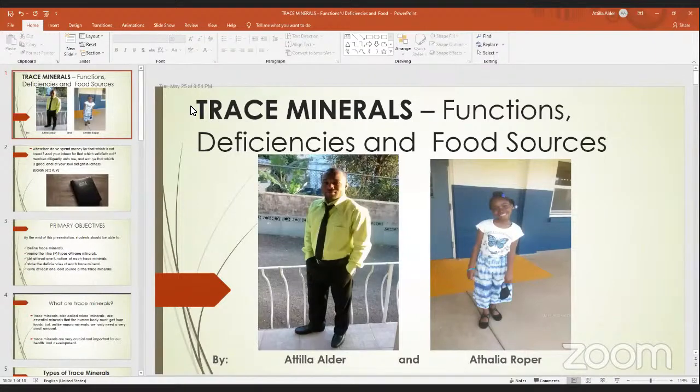And so fun. Right. And now that we have put the information together, we need to present it to the class. Yeah. Today we will be presenting on functions, deficiencies, and food sources of trace minerals.